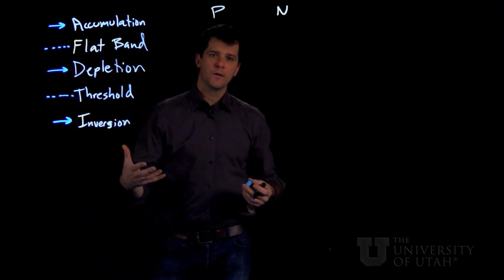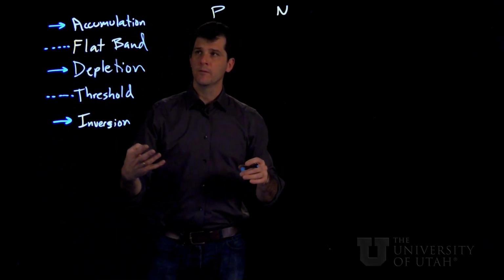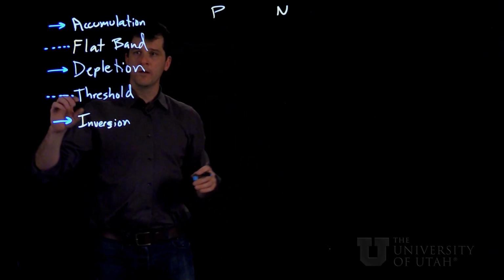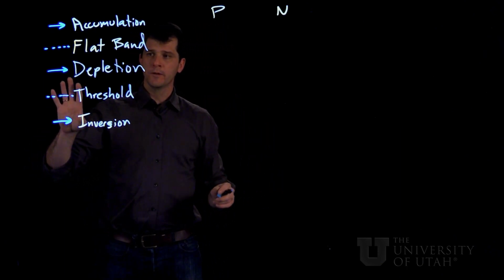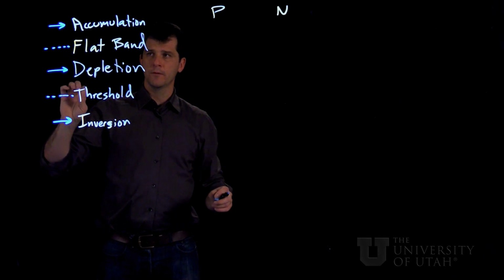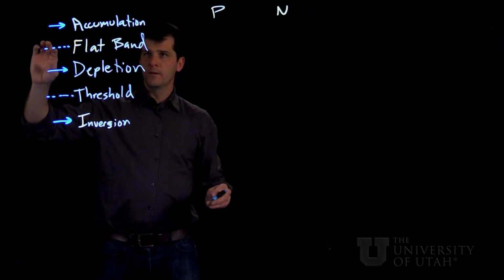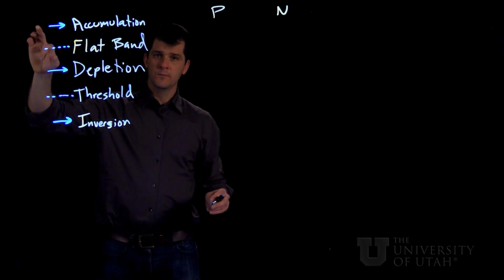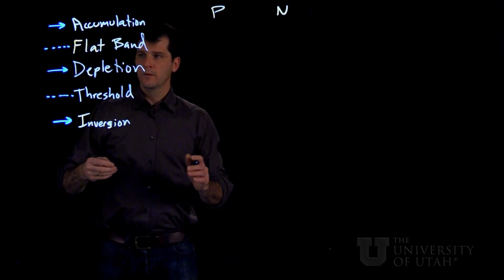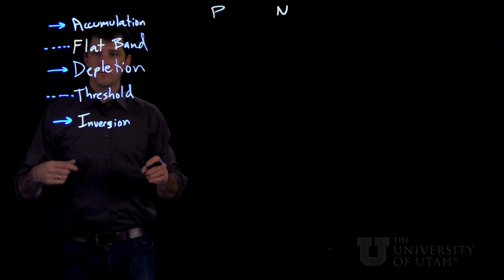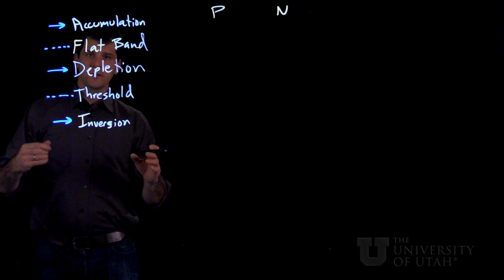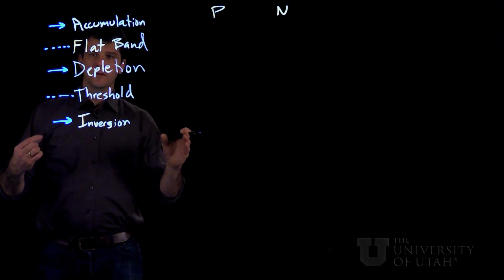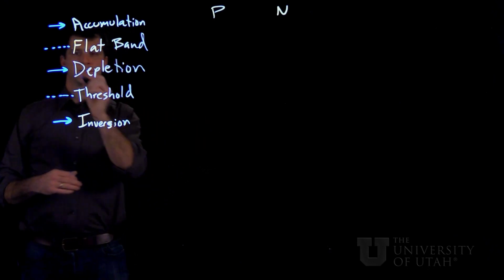So for the P-type substrate that we've been talking about, as we saw a moment ago in terms of the depletion width, the accumulation region is going to be when we're applying a voltage such that holes are drawn to the interface.